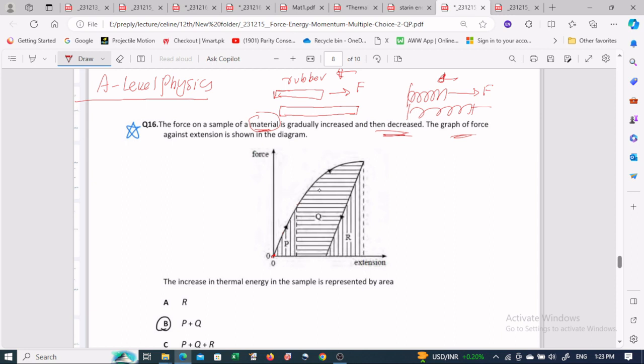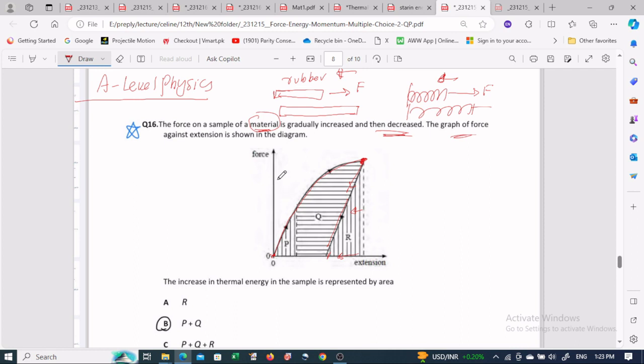The graph increases from here to here, between these two red points, and then after that, when we remove the force, the graph will decline. So extension will also decrease, which means the graph will go back.